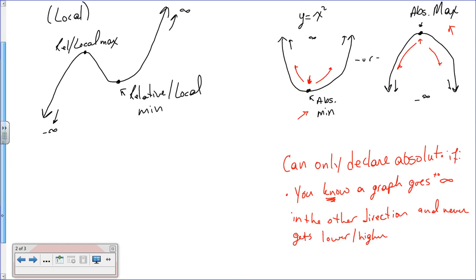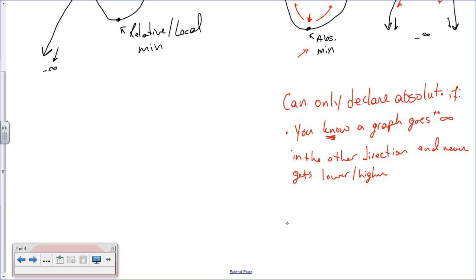Alright, now the only other case you're allowed to declare absolute, and make sure you remember this, is if you are given endpoints for an interval.